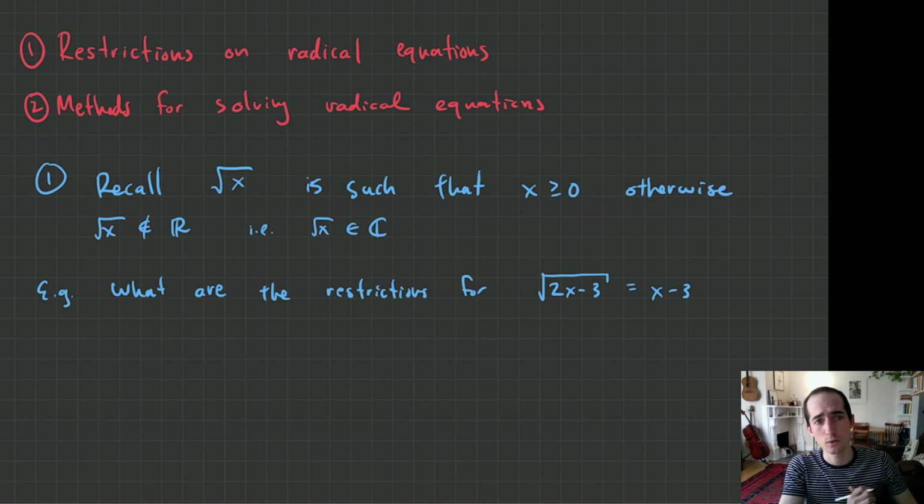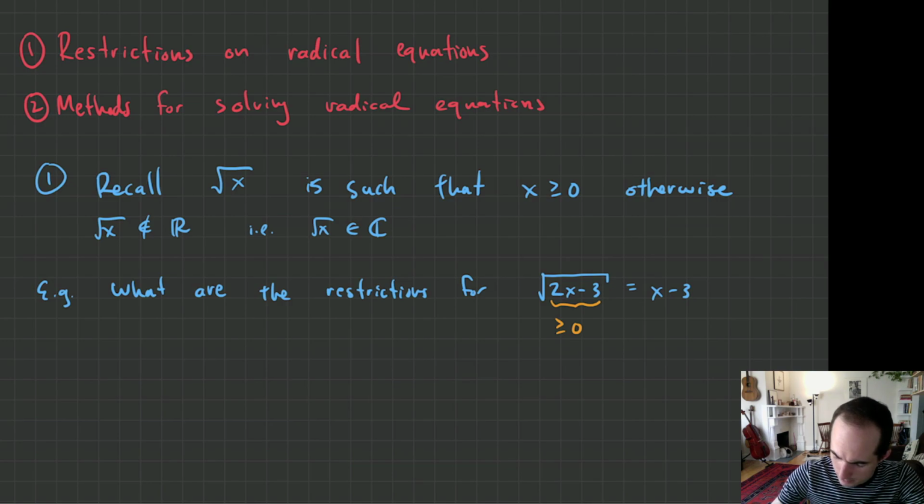Okay, so let's say that we're given this equation, and we're asked, what are the restrictions on it? So what that means is we're going to look at the radicand, and this radicand has to be greater than or equal to 0.